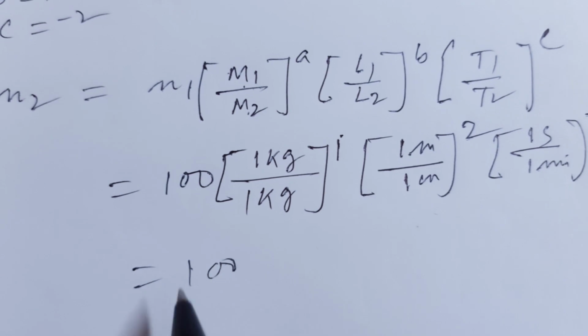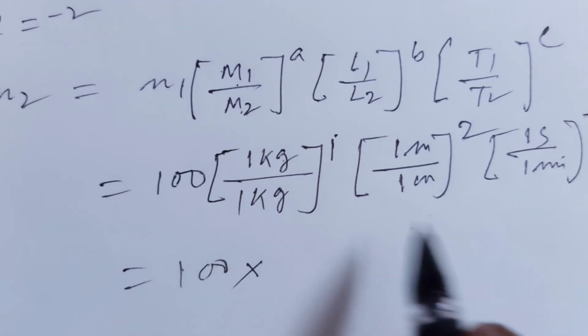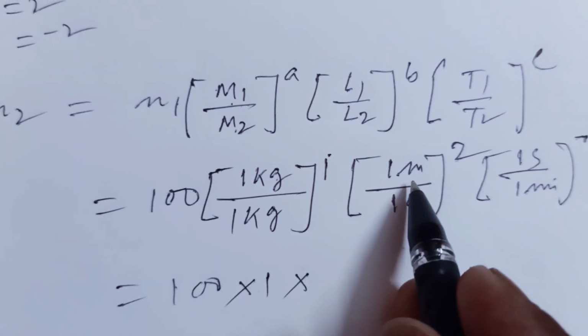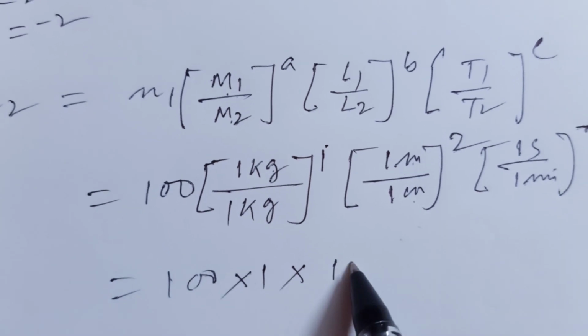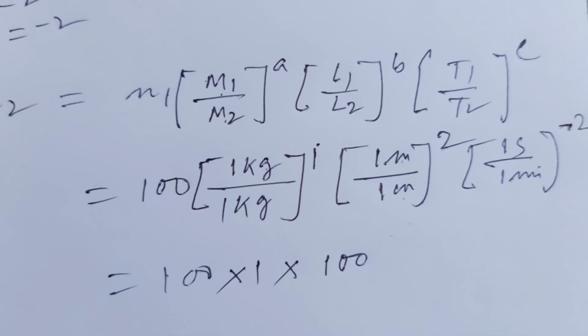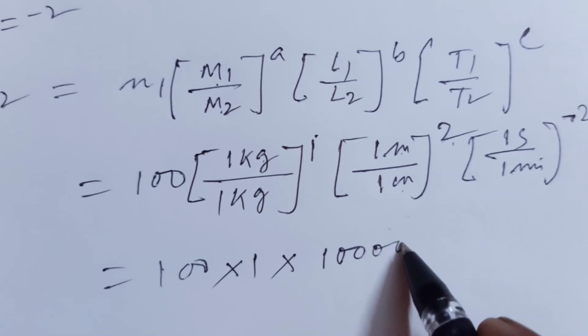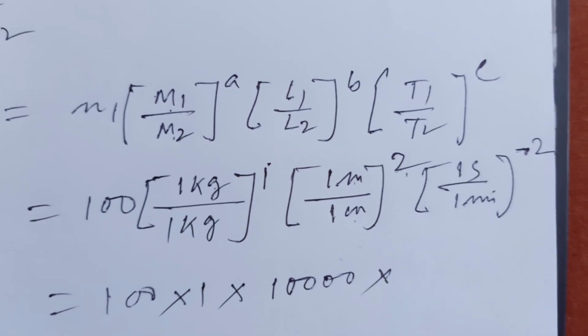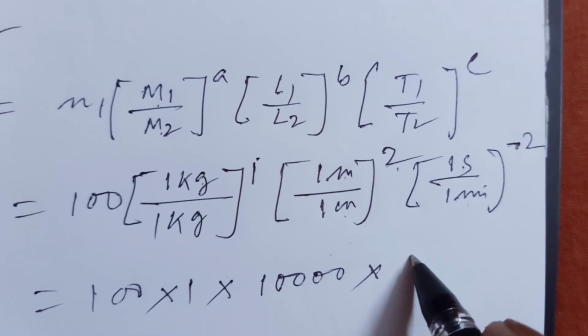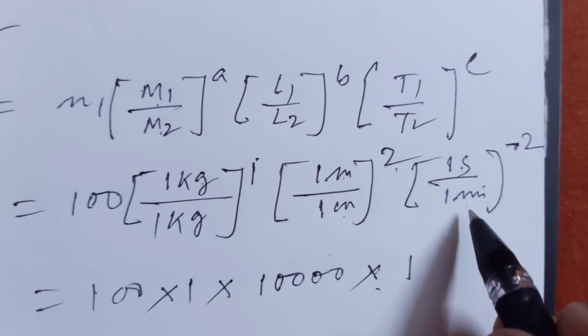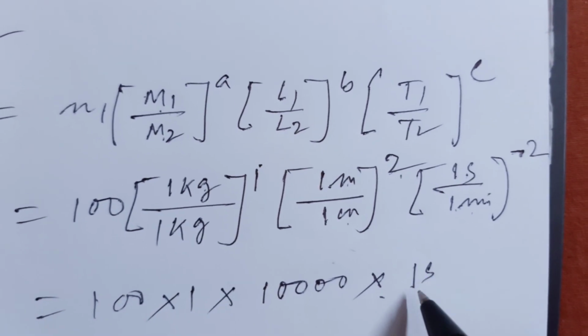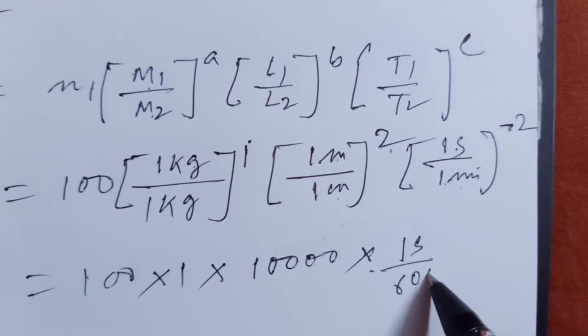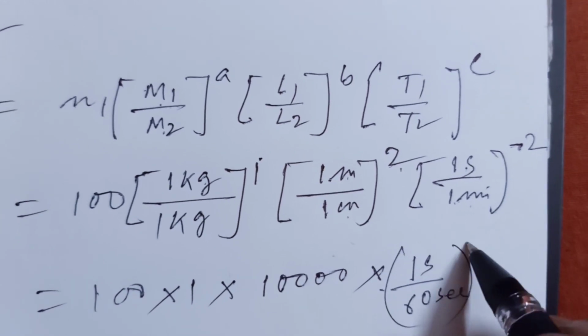So 100 into 1 kg by 1 kg, that is 1. Then 1 meter by centimeter, meter is 100 centimeter, and this is squared, so again there are 2 zeros. Then 1 second by 1 minute, 1 minute means 60 seconds, so 1 second by 60 seconds to the power of minus 2.